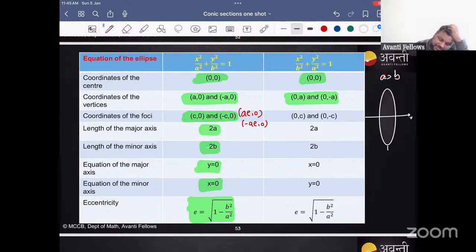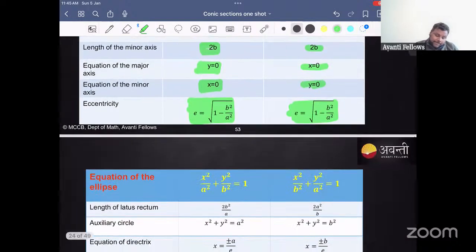This is the x-axis and this is the y-axis. This is your ellipse. Foci will be 0 comma c and 0 comma minus c. Major axis 2a, minor axis 2b. The major axis is now the y-axis, so its equation is x equal to 0. Minor axis y equal to 0. Eccentricity is the square root of 1 minus b square upon a square. Got it?